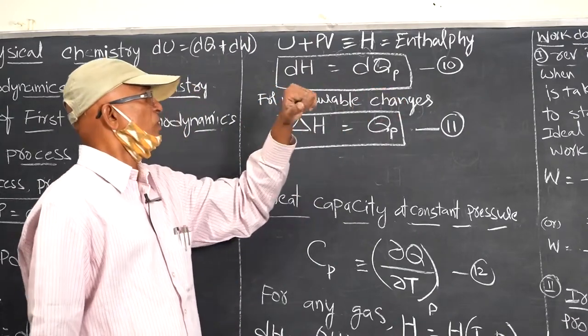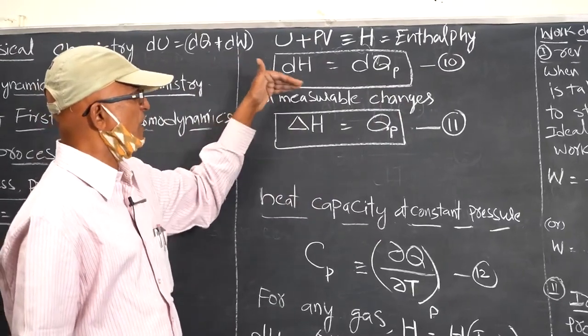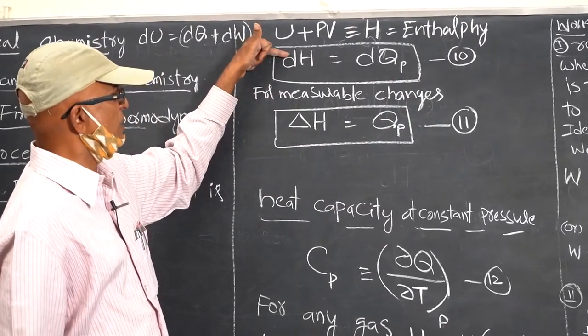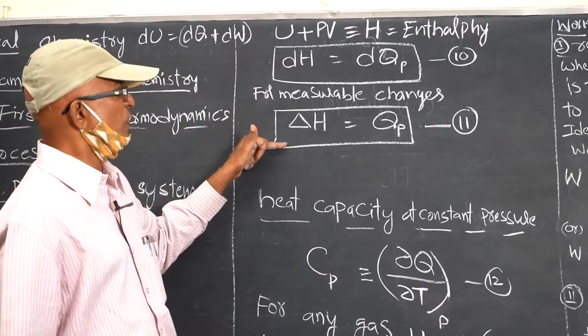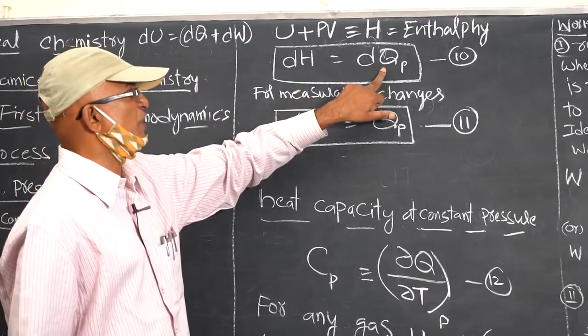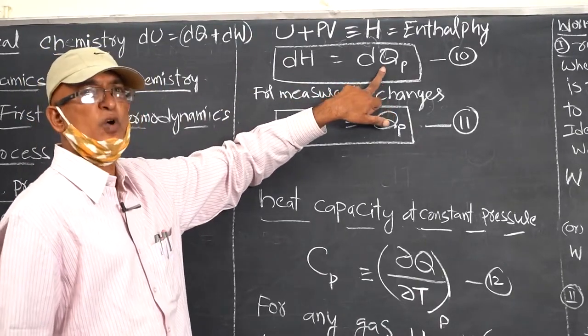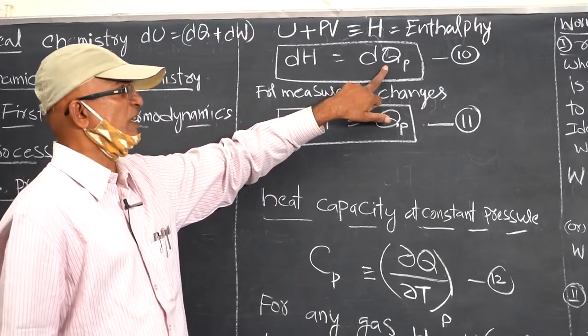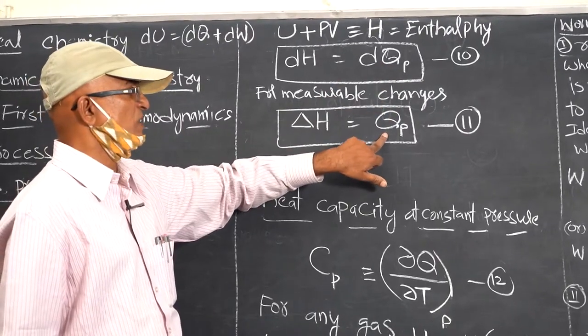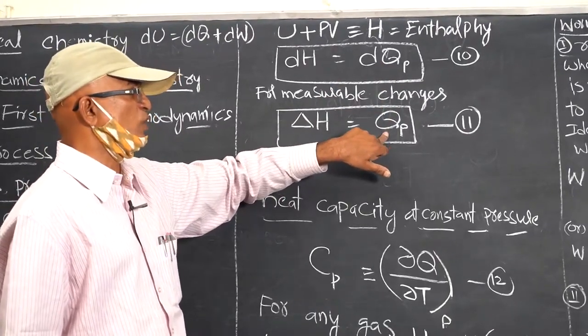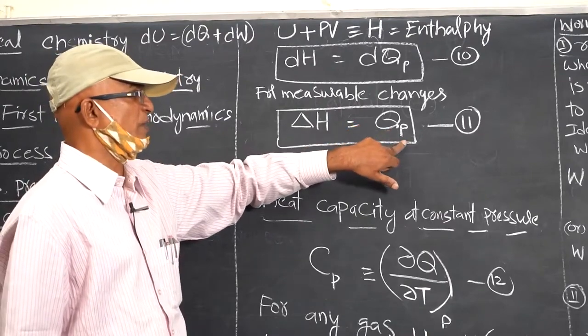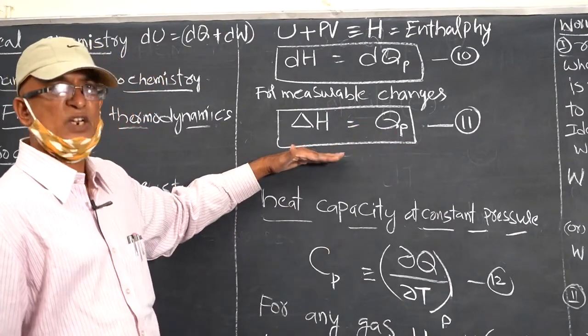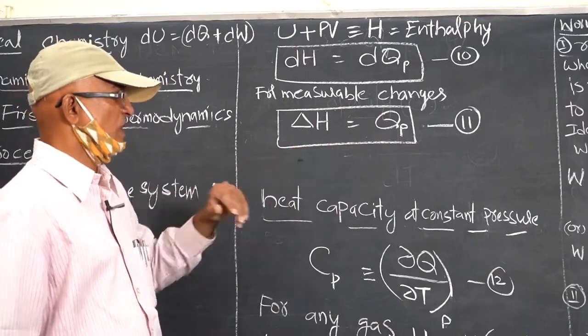Now if the changes are significant, measurable, then the same dH can be written as delta H, and the same quantity dq, representing a small amount of heat interaction at constant pressure, is now written as the total amount of heat interaction at constant pressure. So this is the application of first law for isobaric process.